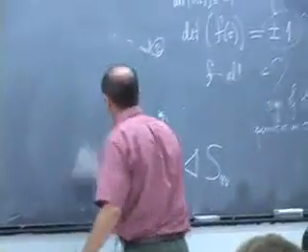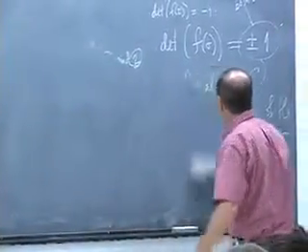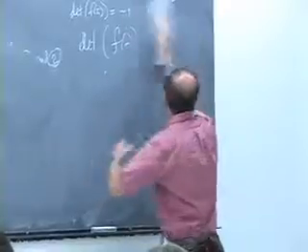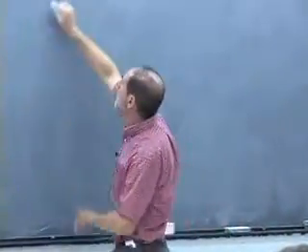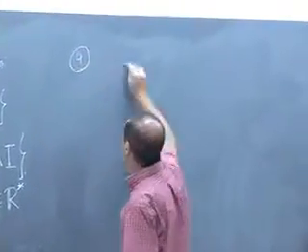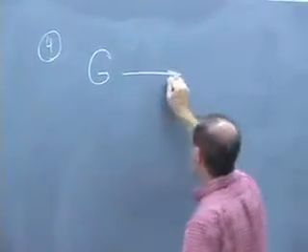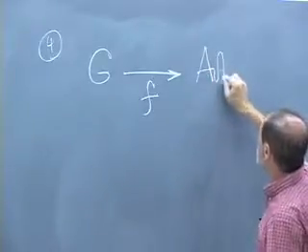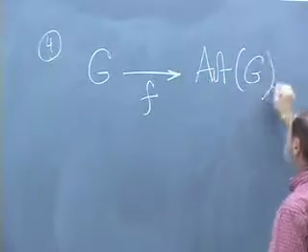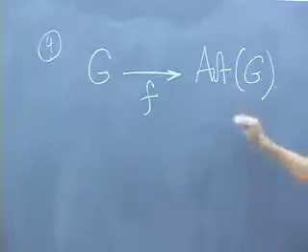Now I said that I would tell you a natural homomorphism of which the center was the kernel. So here's a natural homomorphism. And this is our fourth example of a homomorphism. Rather critical. There is always a natural homomorphism from G to the new group, which is the automorphism group of G. Now let's remember what this is.